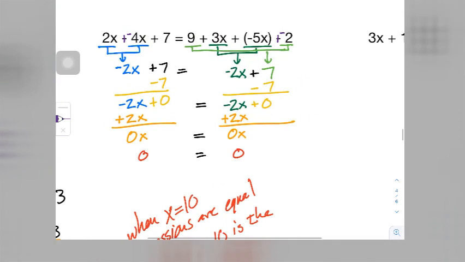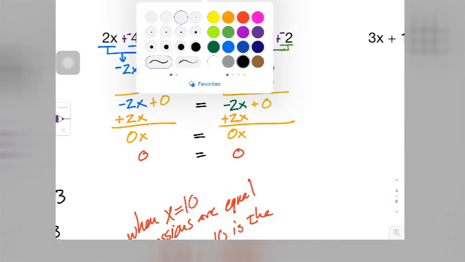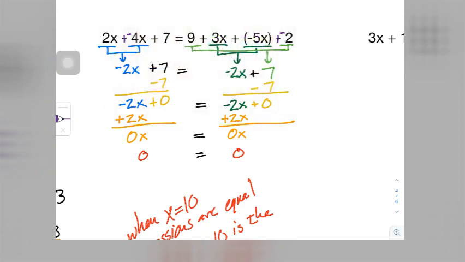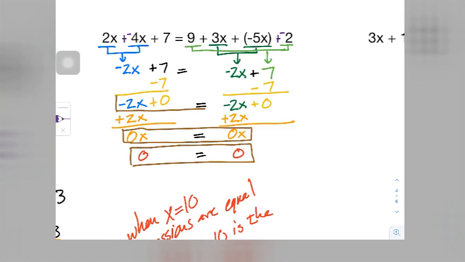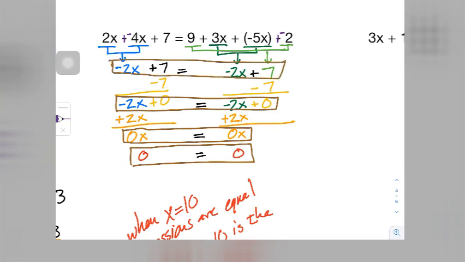So in every single one of these steps, I notice that I'm just getting the same thing on both sides. And that actually means something very specific. So when you see an equation where you have the exact same expression on either side, whether it's 0x and 0x, 0 and 0, negative 2x equals negative 2x, or negative 2x plus 7 equals negative 2x plus 7, when you see that everything is the exact same, there can't be any other parts.